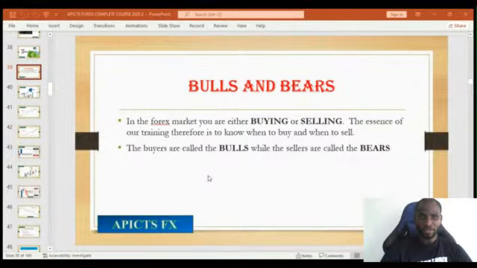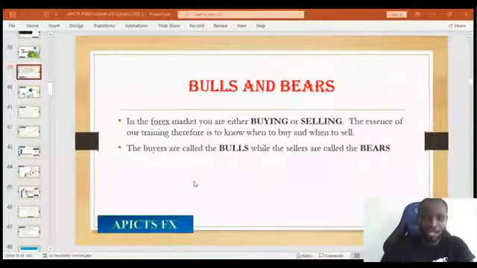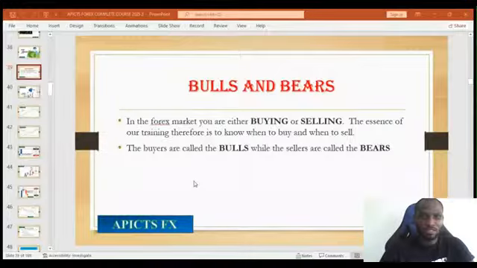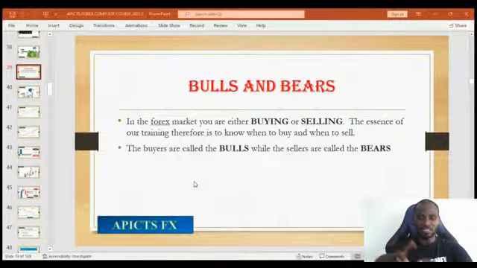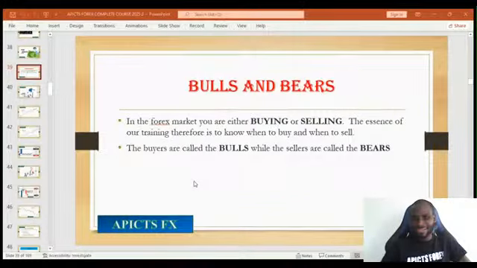All right, so I believe you can all see my screen now, and we are just going to take it from there. So we stopped around here yesterday, and we saw that in the market you are either buying or selling, and that the essence of the training is to know when to buy and when to sell.